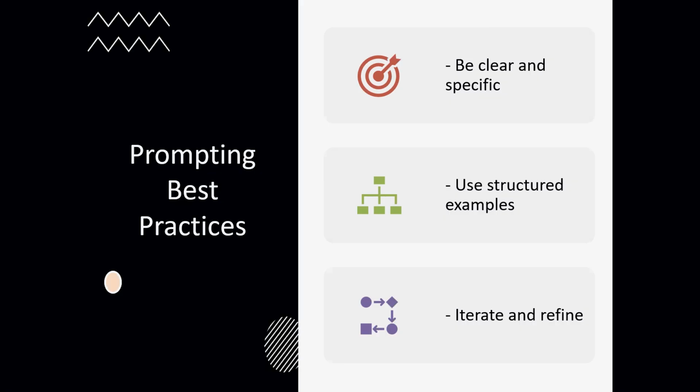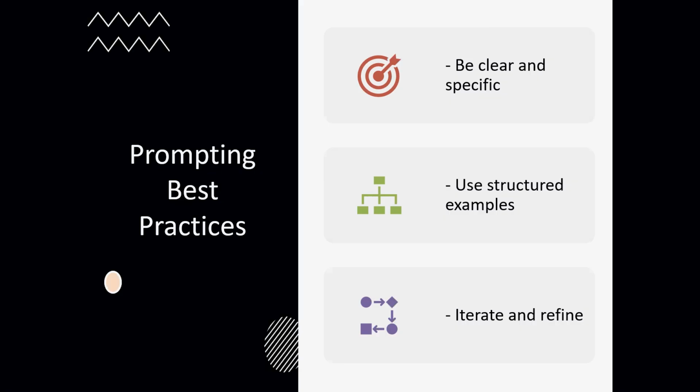And if you are not satisfied with your output, keep iterating and refining. That is the art of prompt engineering, where you learn from your experience of how the model is responding, and you keep tweaking your prompt, your input, and based on that the model keeps responding.